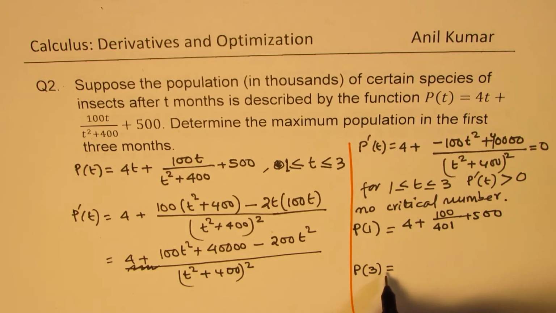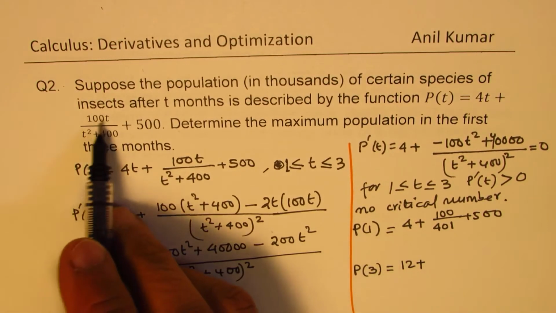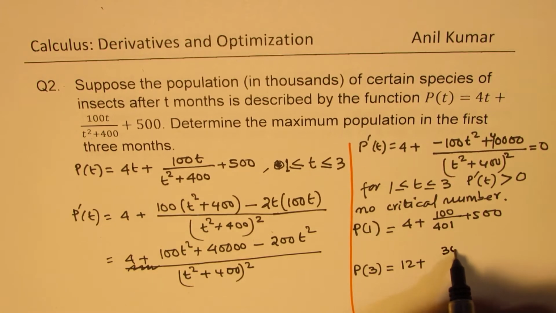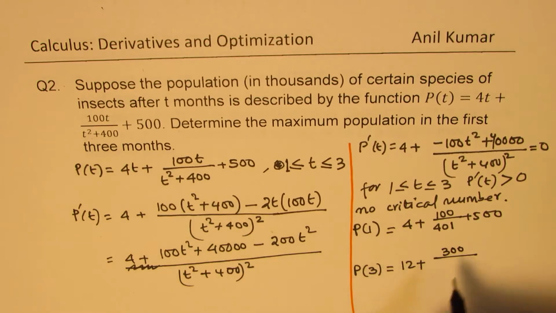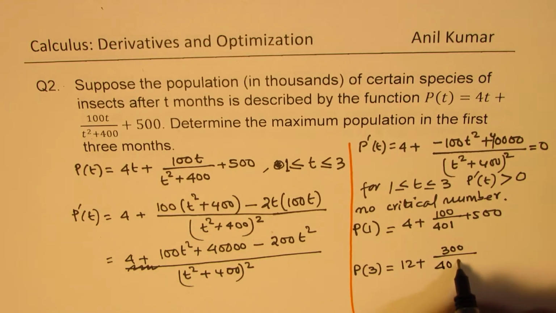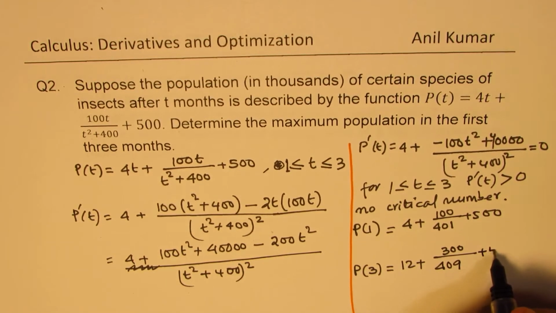And substituting 3, we get 4 times 3 is 12 plus 300 over 3 square plus 400, which is 409, plus 500.